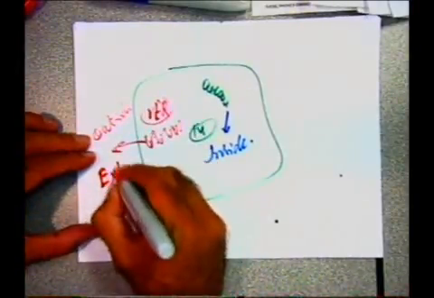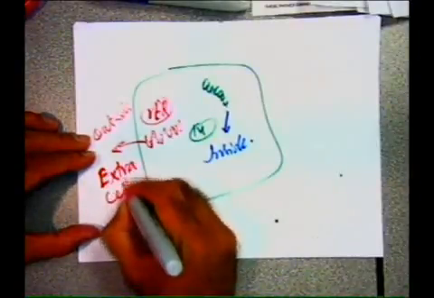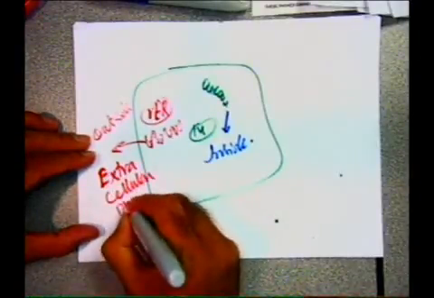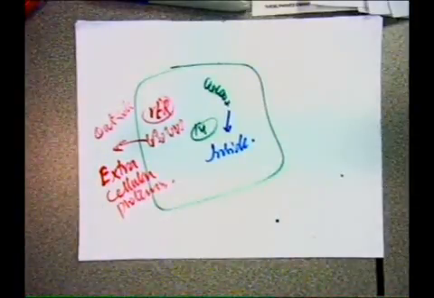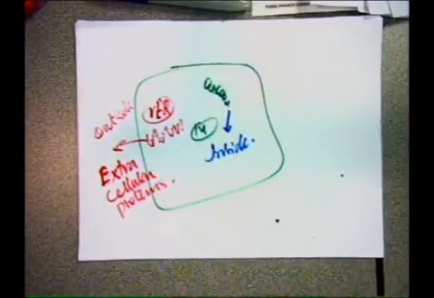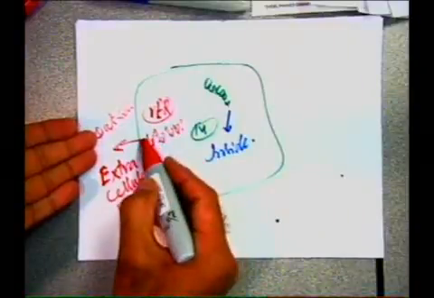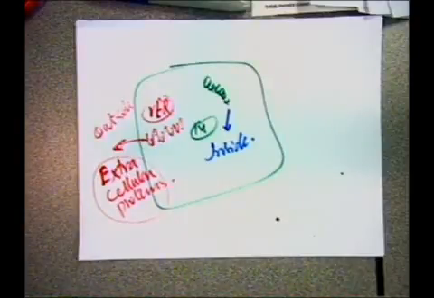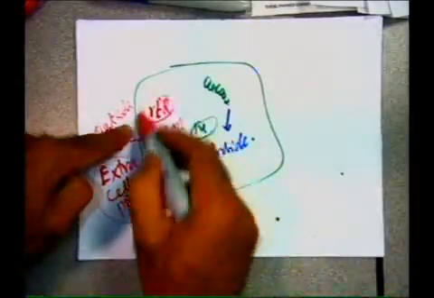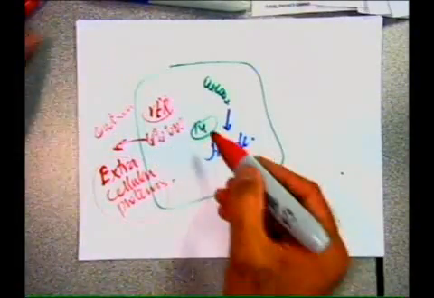Otherwise, we call it an extracellular protein. Some of the proteins we have in our bloodstream, how do we get them? They come from liver cells. The liver cell will produce them using the rough endoplasmic reticulum and export them outside the cell, and that is called the extracellular protein, which is exported outside.